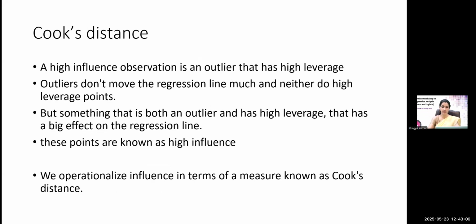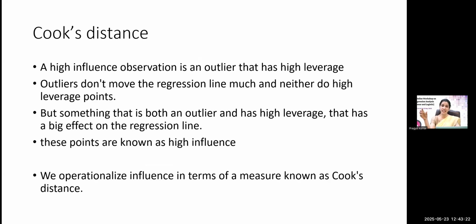So Cook's distance is, again, a high influence observation, which is both an outlier and has a high leverage. Because if you see independently, the outlier and leverage do not move the regression line.